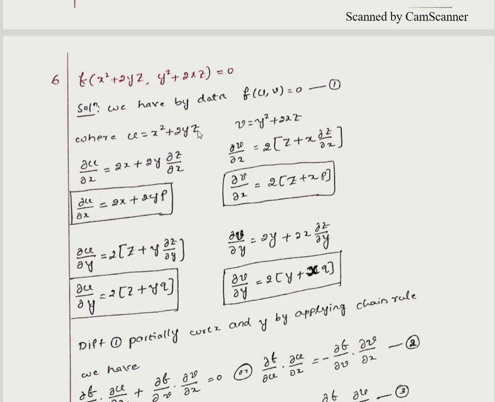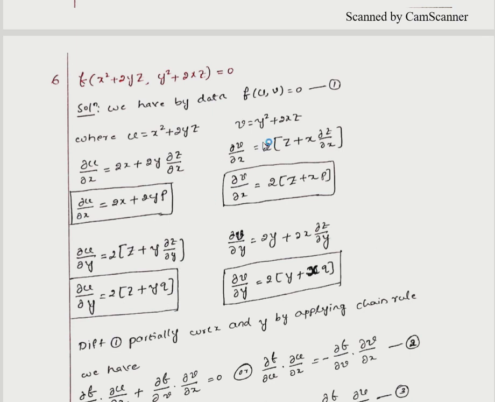Therefore, we have to use the product rule. The first function is z, into the differentiation of y, which is 1, so z, plus the second function y into ∂z/∂y. Therefore, that equals 2 into z plus y into ∂z/∂y.